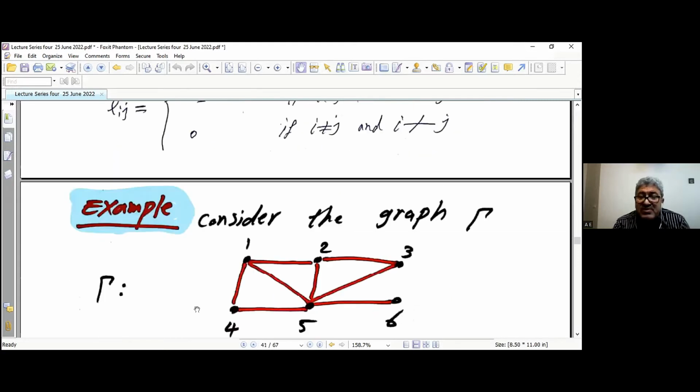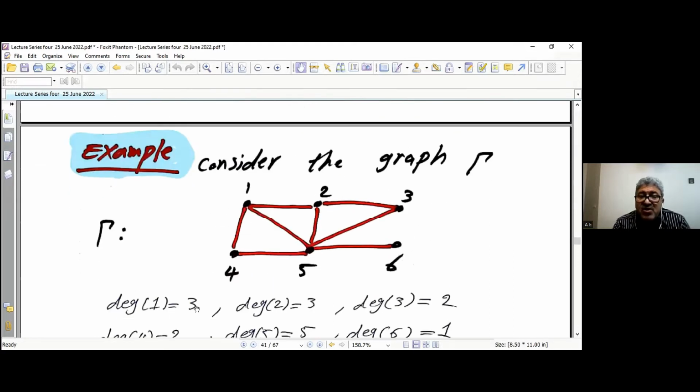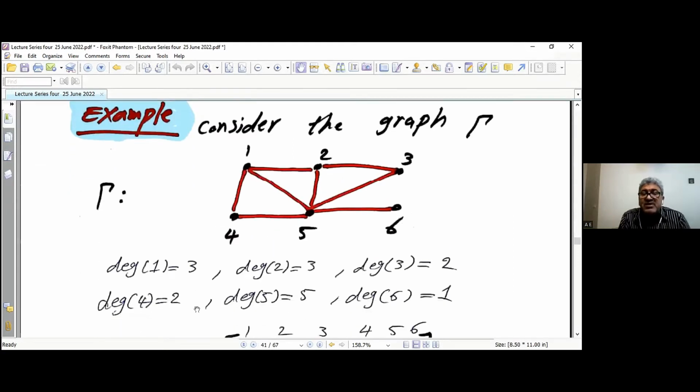Let me give an example here. Suppose that gamma is the following graph. We have 6 vertices here. You can see the degree of each vertex. The degree of vertex 1 is 3, because we have 3 edges involving vertex 1.